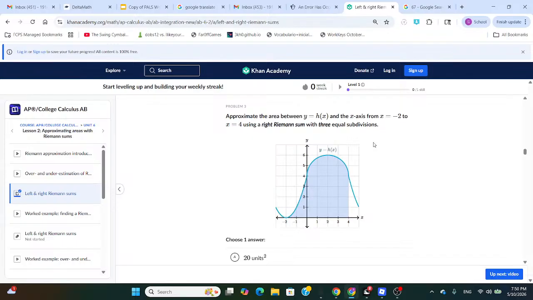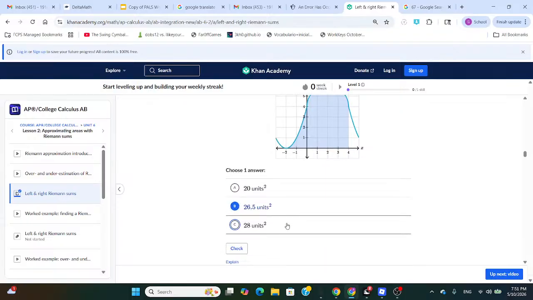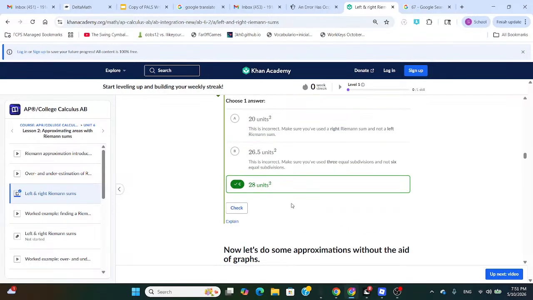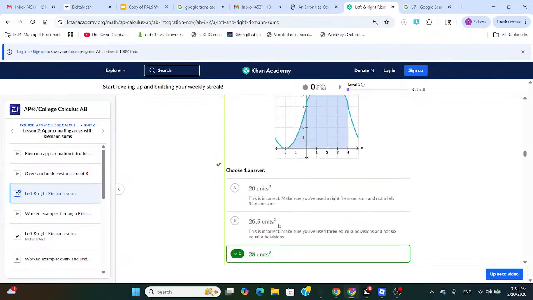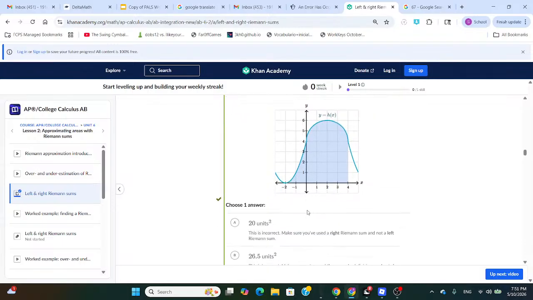But 7 divided by 3 equal subdivisions is 2.333, so every 2.333 in x you have to create a line. So I'm gonna use my aura. I think it's B. No, now I have no aura, bro. All right, if it's not B, it has to be C. You have to use 3 equal subdivisions, right? Every 2.333 x value.